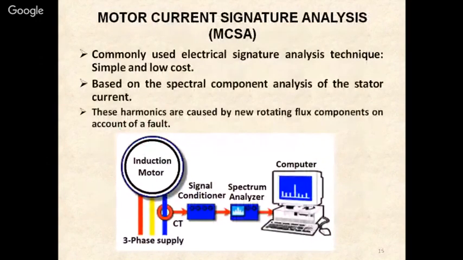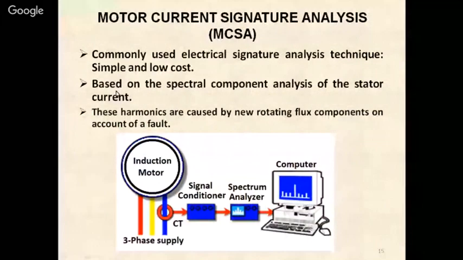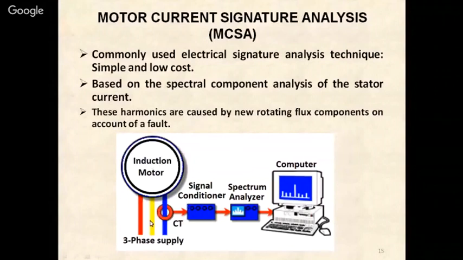So motor current signature analysis is a commonly used technique. It is based on spectral component analysis of the stator current. In this diagram you can see basically what we are doing. We are acquiring the current being fed to the motor through a current transformer. This signal is fed to a signal conditioner. That means we are amplifying the signal because the output of the current transformer is very low, so we are filtering and amplifying the signal.